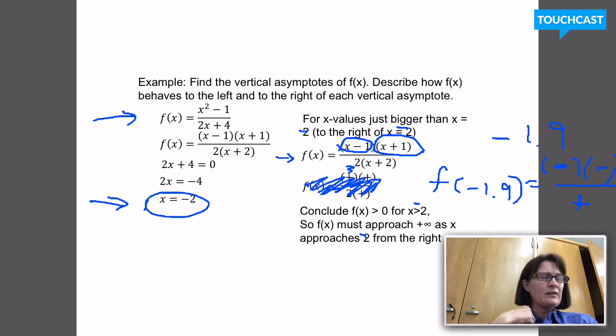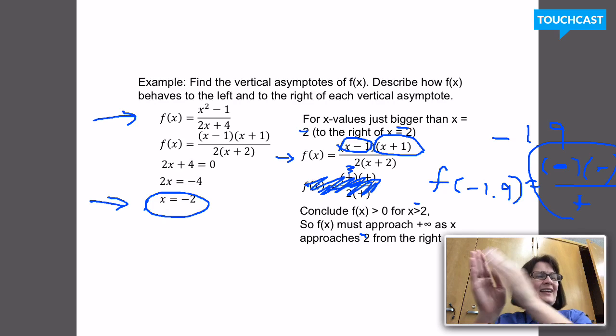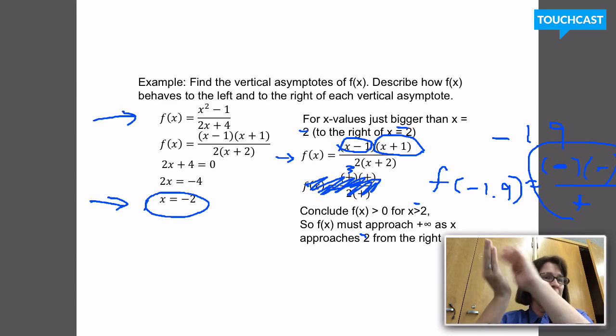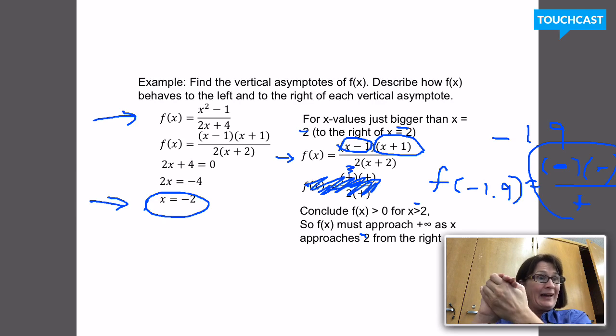So if I think about f of -1.9, my function's value, when I plug in numbers that are pretty close to -2, but a little bit to the right, if you think about what this means, in my numerator, there's going to be a negative value times a negative value, all divided by a positive. Well, negative times a negative is positive, divided by positive, still positive.